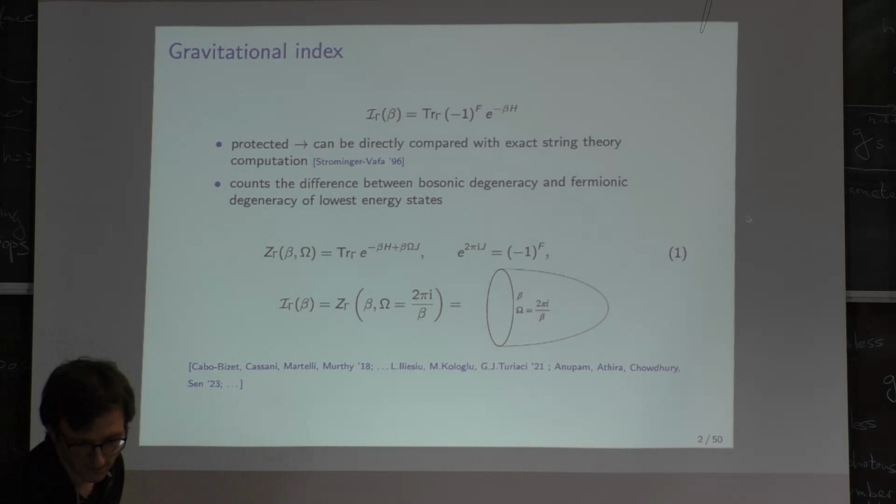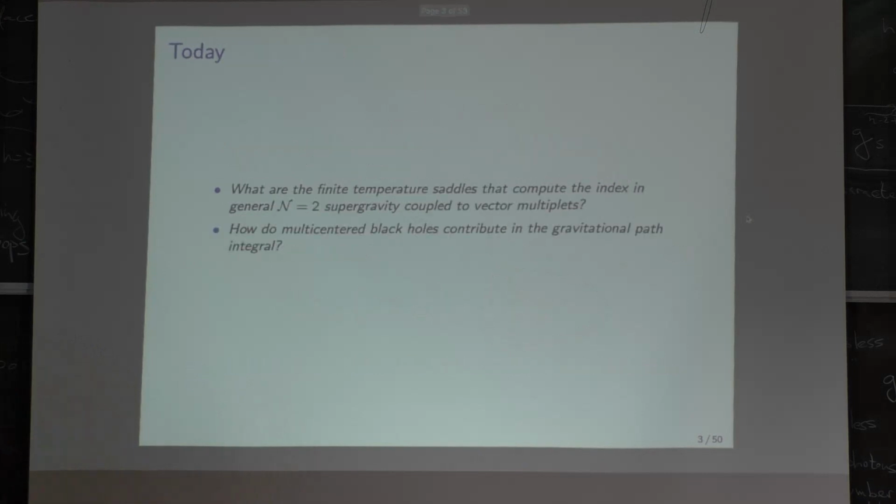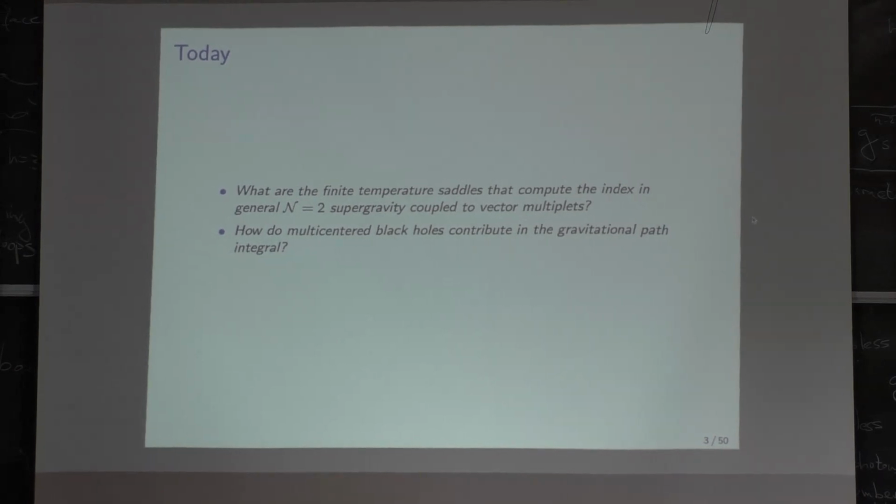The purpose of this talk is to essentially answer the question of what are the finite temperature saddles that compute these gravitational indices in a very general setting of 4-dimensional N=2 supergravity coupled to vector multiplets. Along the way, we'll address a few other questions.